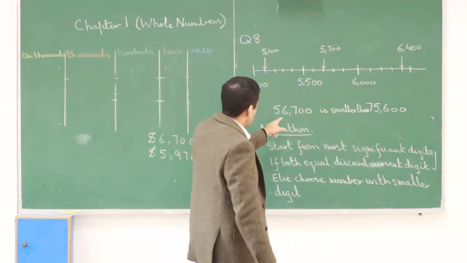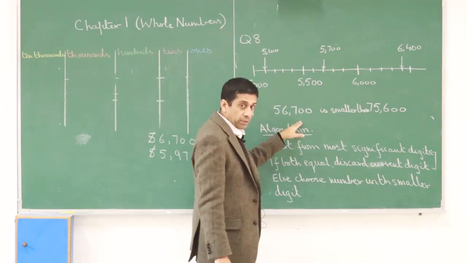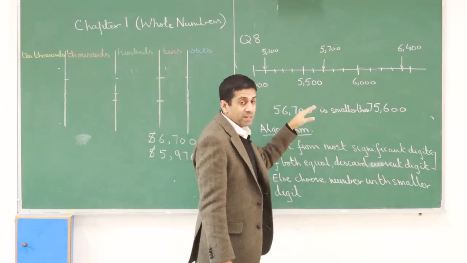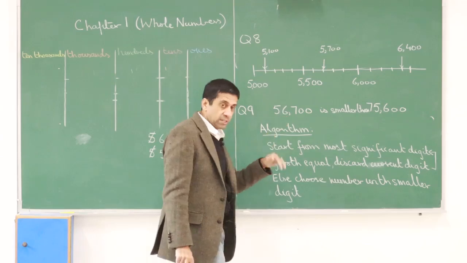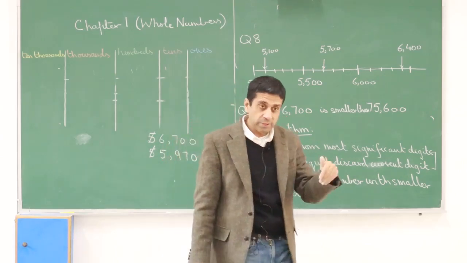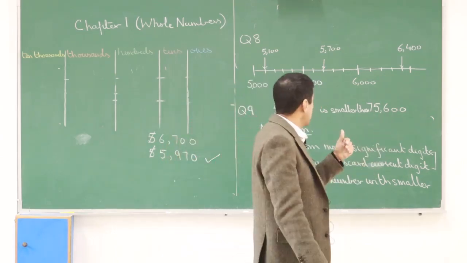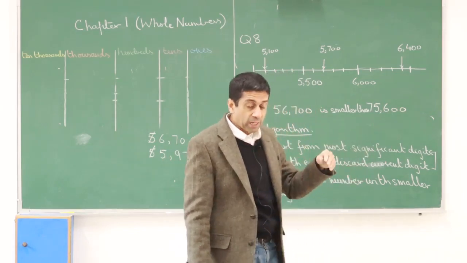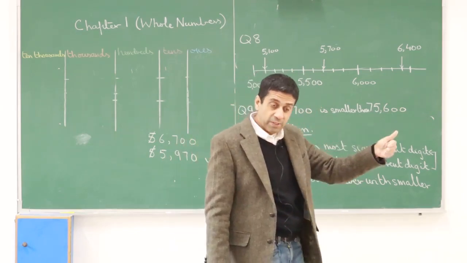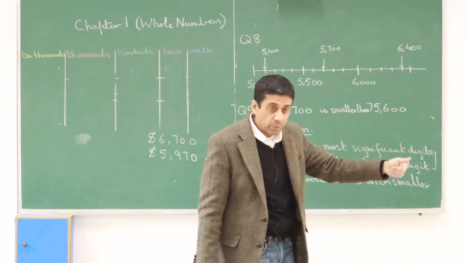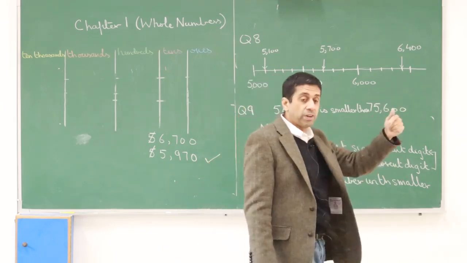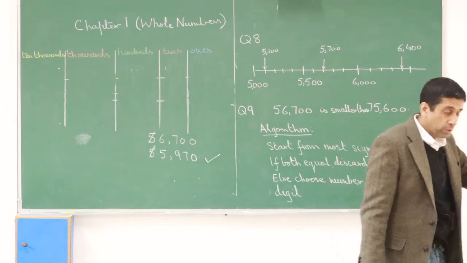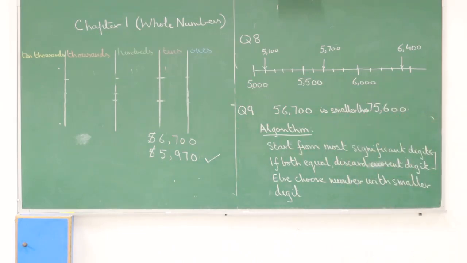So 56,700, 56,800, 56,900, 60,000, 60,100, 60,200, 60,300, and so on. Then we'll get to 70,000, then to 75,000, then 75,100, 75,200, 75,300, 75,400, 500, 600, and remember we are always walking to the right.